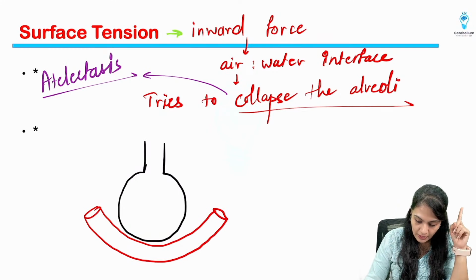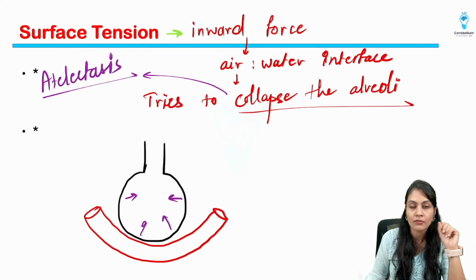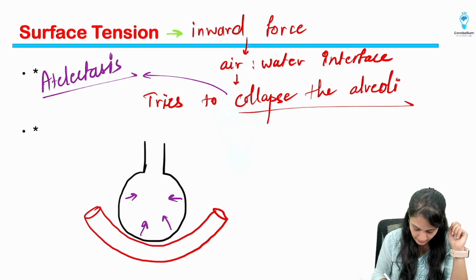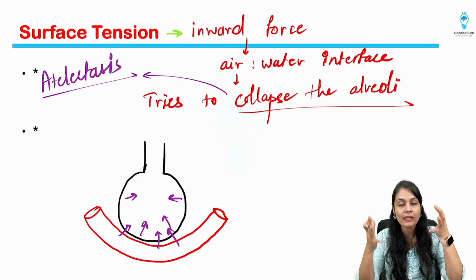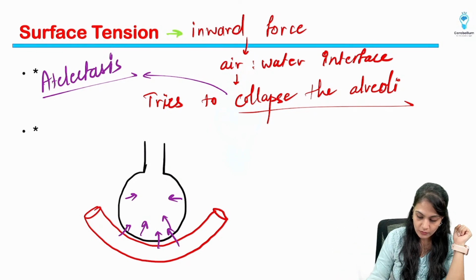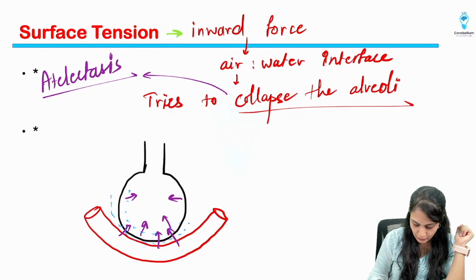Now understand, if the blood vessel is going from here and there is an inward force acting on this alveoli, definitely that sucking force or negative pressure will be applied to this, and slowly and steadily the plasma will start leaking out because of that high inward force. What is going to happen because of that? Definitely the water will start accumulating in the interstitial fluid and in the alveoli, which is going to give rise to the next thing, that is pulmonary edema.